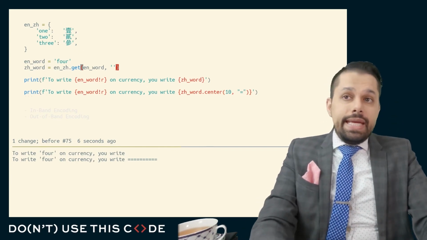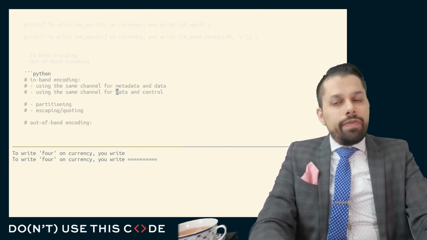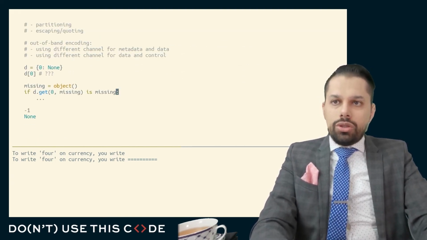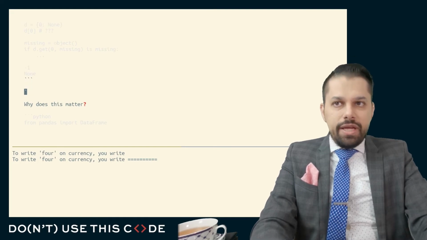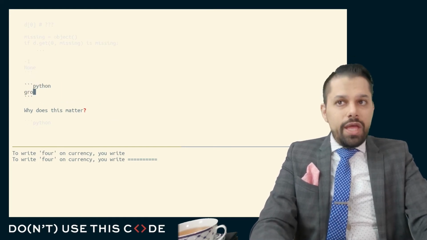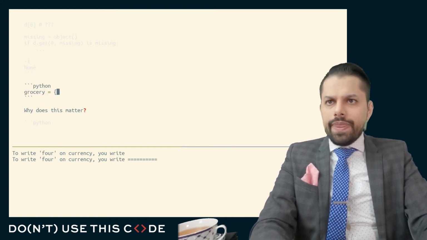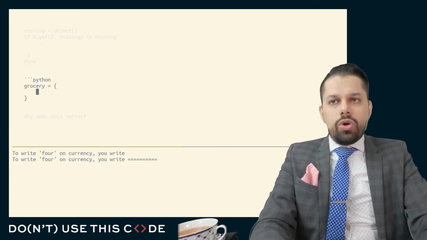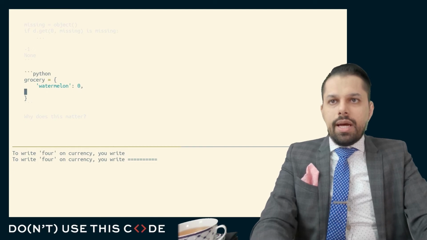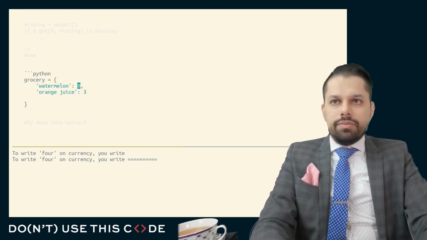However, it is the case that we know that there are certain mappings, certain lookups, where there are meaningful defaults. For example, if we had a grocery list, and the grocery list contained things that we bought at the store, like we bought some watermelon, and we bought some orange juice, and we bought some bread.